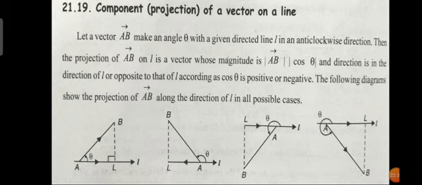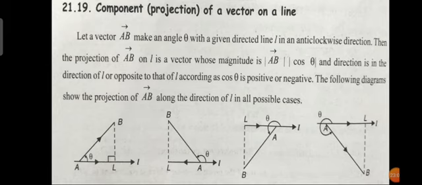Projection means if we have a vector AB and it makes an angle theta with a directed line l, a directed line means it has direction, anti-clockwise, that is given there. In the first figure, vector AB is given and small l is given.